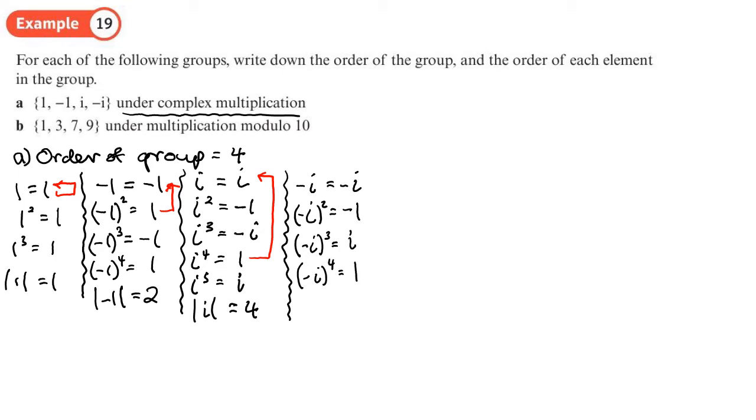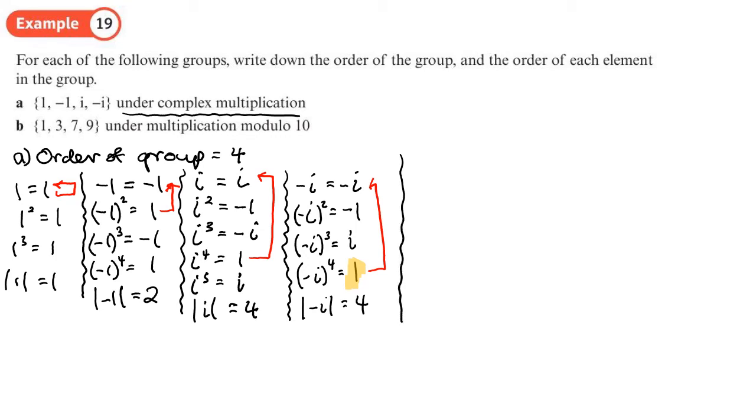So we don't need to keep carrying on because we notice this is the identity. Whatever we do, we're going to loop back and end up here. So that tells us that the order of -I is 4.